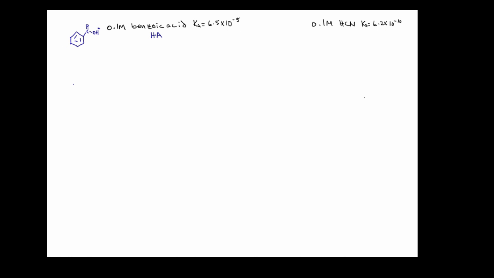If we take a ratio of the two equilibrium constants, I would take the larger one, 6.5 times 10 to the minus fifth, and divide it by 6.2 times 10 to the minus 10th.